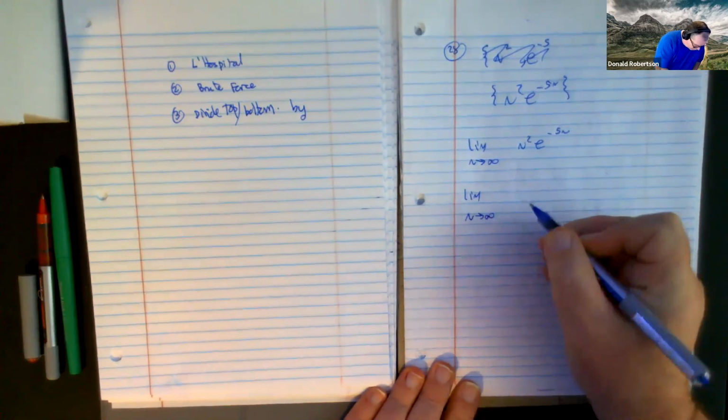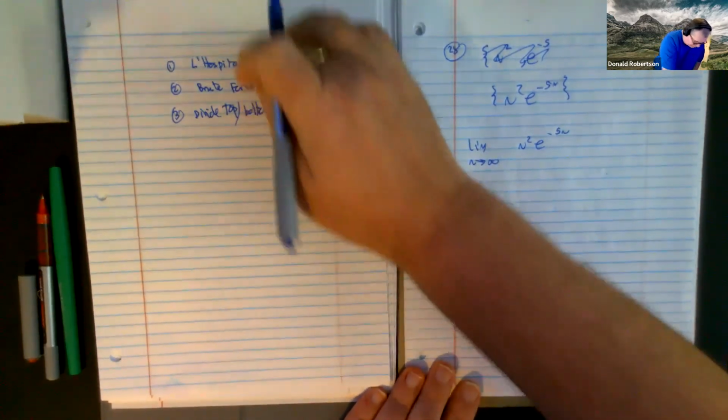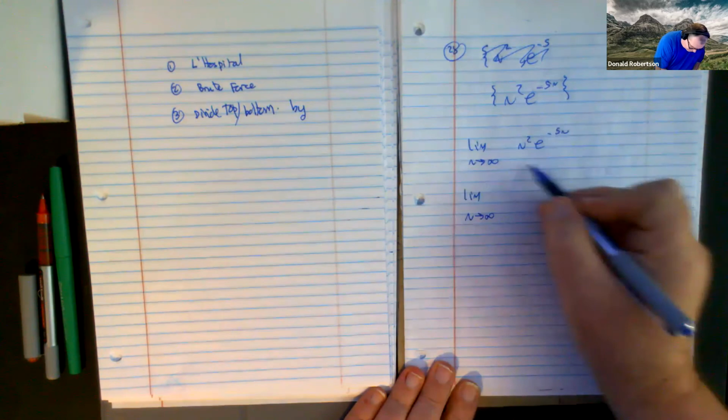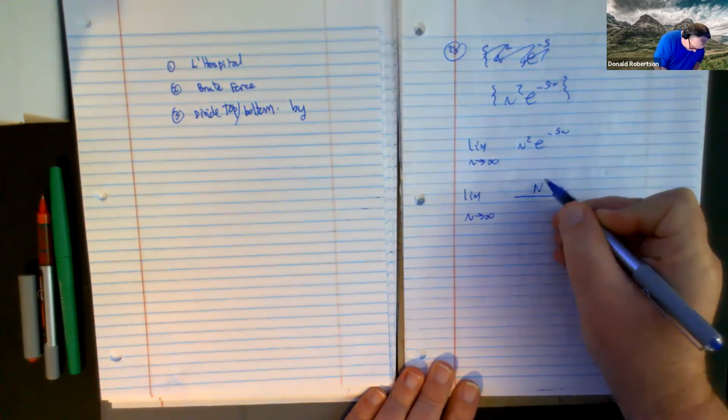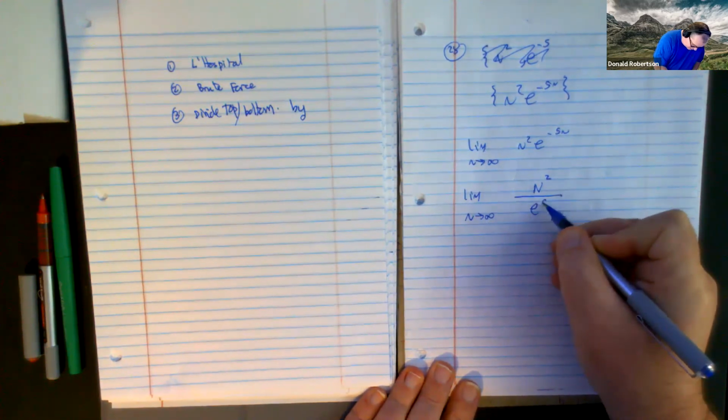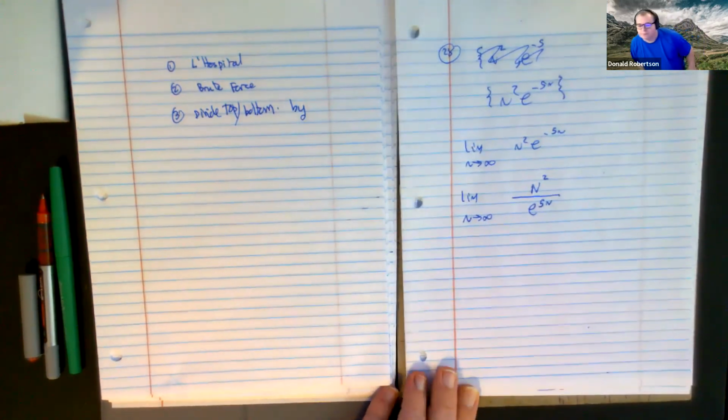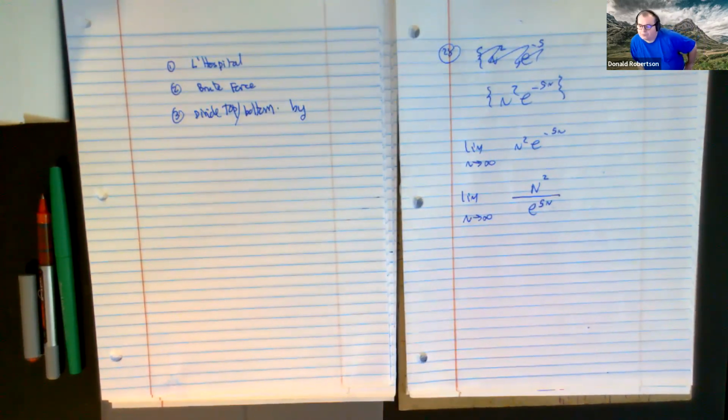So this is one of the questions that you can actually do this method on. How would we rewrite this fella? Well, I would suggest that. Essentially, if I write it as a fraction, isn't it going to make L'Hopital the go-to guy?